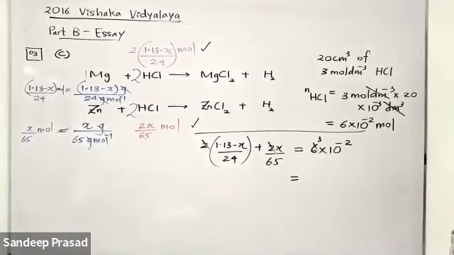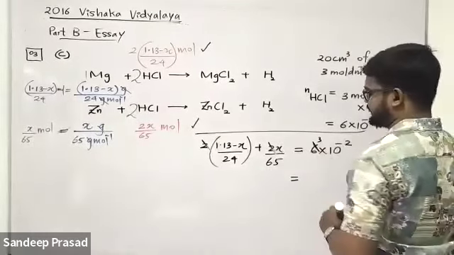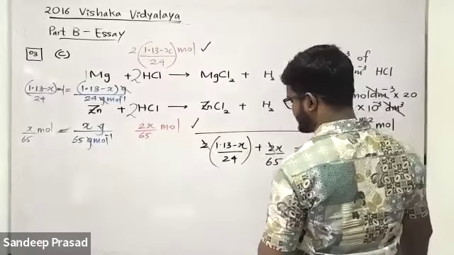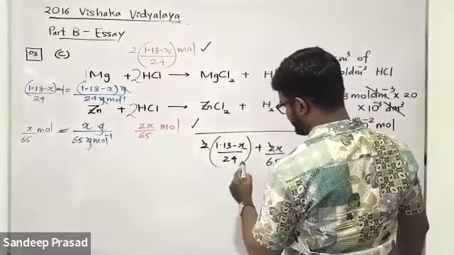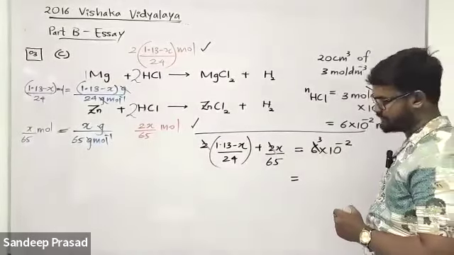And what we can do in order to find out X. I'm going to multiply the whole equation by 24 multiplied by 65. That means every term I'm going to multiply by 24 multiplied by 65.